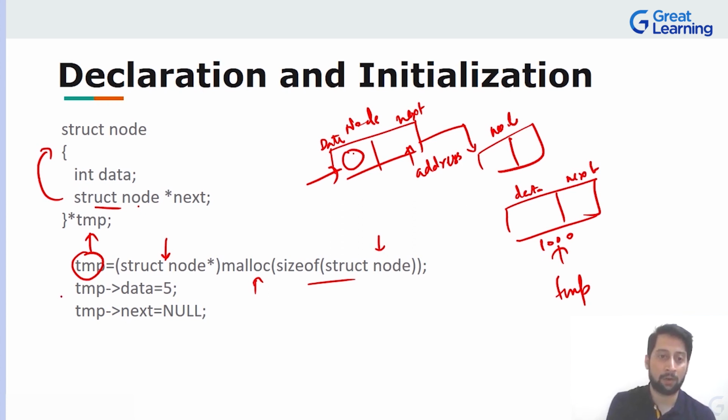Now we are assigning 5 to the data part, and we are assigning null to the next part. So this is our node, and currently temp is pointing to this node. In this way, we understood the declaration and initialization of a linked list and how we are going to implement queue using a linked list.